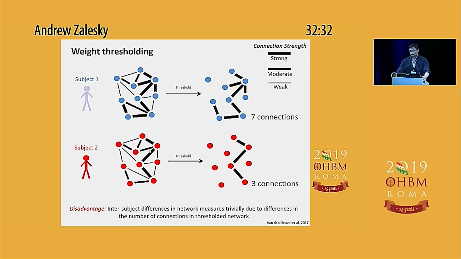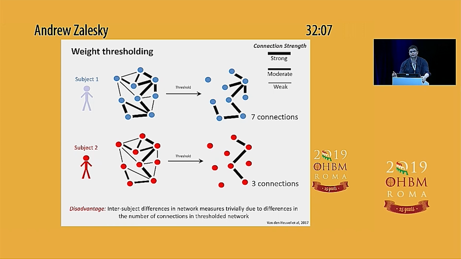So in this case, if we do weight-based thresholding, and we say, well, we're going to eliminate both moderate and weak edges, we see that the thresholded graph of subject 1 comprises more connections than the thresholded graph of subject 2. And this is due to the fact that there is a difference in connectivity strength between these 2 subjects.